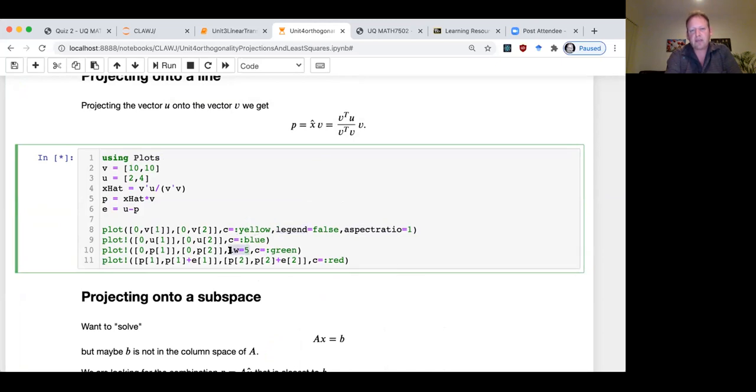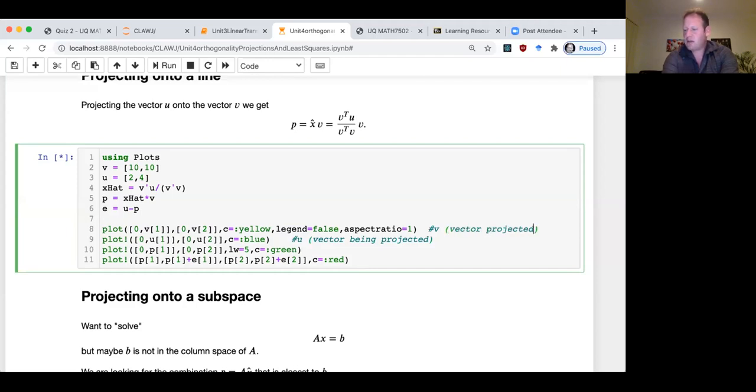Line width is going to be 5. But here, this is important: these are the X coordinates, and these are the Y coordinates. So this plots the vector V. This plots the vector U, the vector being projected, and this is the vector projected onto.